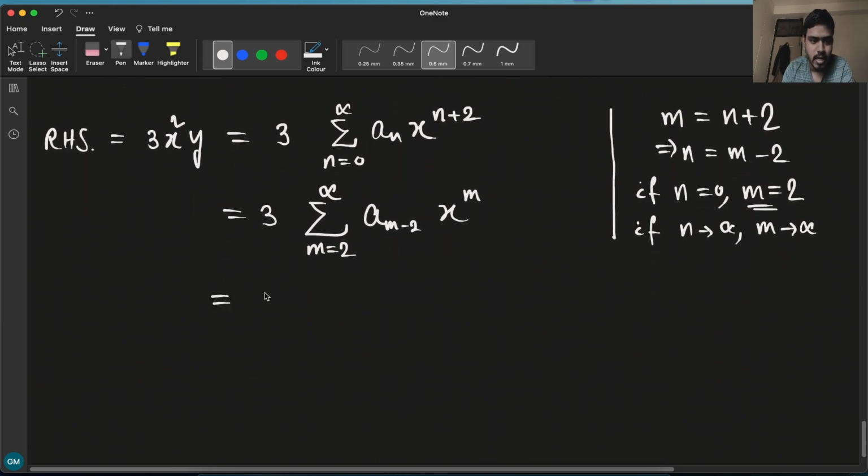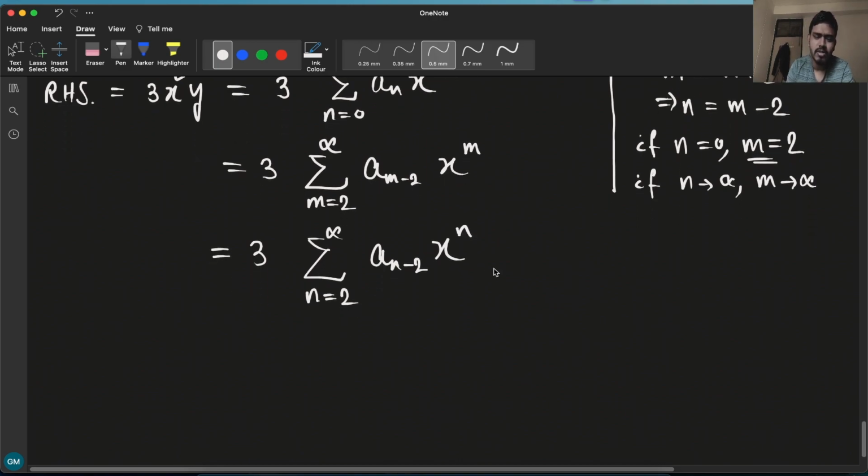And as m is a summation index, I can write it as the sum from n equals 2 to infinity of a_(n minus 2) x to the power n. It just replaces m by n, but this n is not the same as the earlier n. It's a different summation index I am using.